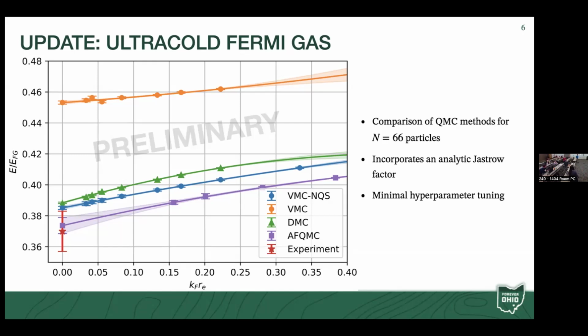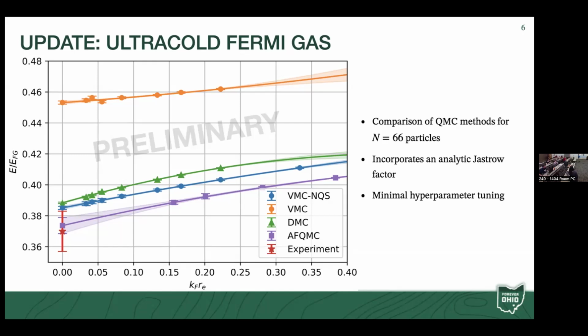Yes, and one thing we would really like to do is a DMC calculation on top of a neural quantum state. Yeah, I would think that with a non-zero effective range you could probably do better. You could probably pull this down so that you agree. It's probably at the limit where the effective range goes to zero that it's really hard to get.